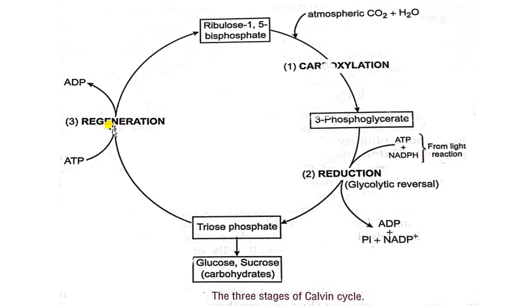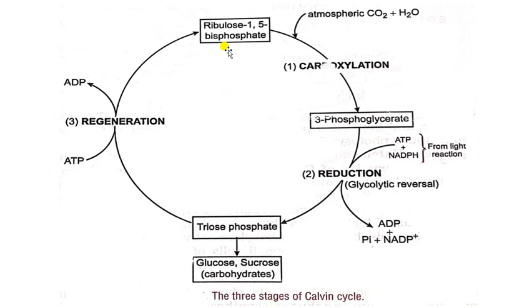Regeneration of the CO2 acceptor molecule RuBP is crucial if the cycle is to continue uninterrupted. The regeneration steps require 1 ATP for phosphorylation to form RuBP or ribulose 1,5-bisphosphate. This phase involves many steps and enzymes.